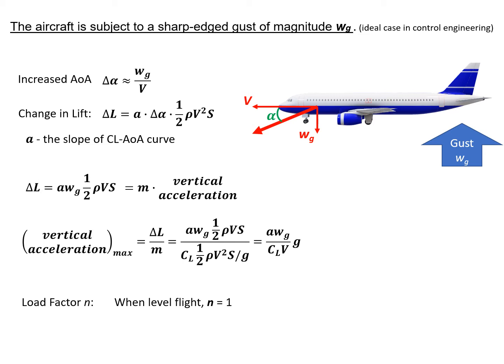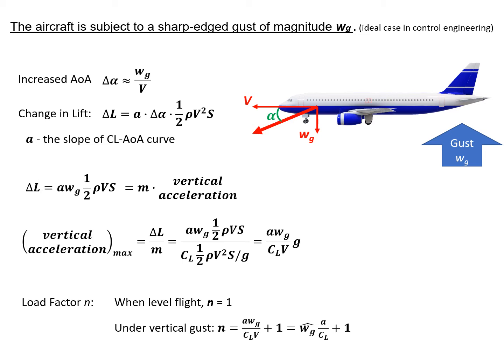And we know that when the aircraft is in level flight, the load factor is 1. But in this case, on a vertical gust, what happens? On a vertical gust, the load factor is what we calculated, the vertical acceleration plus 1. So we have this expression for the load factor on the vertical gust.